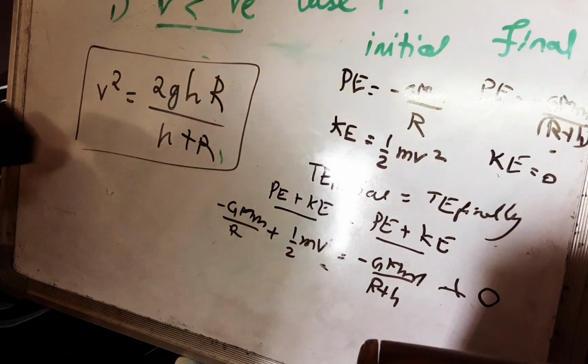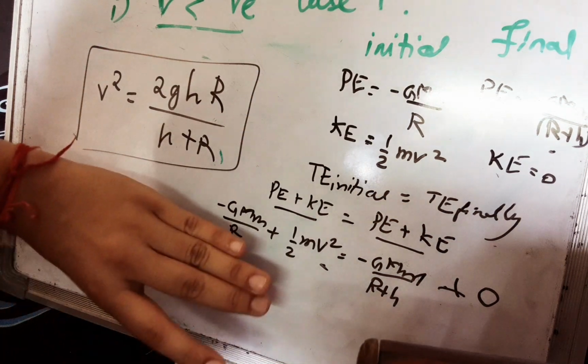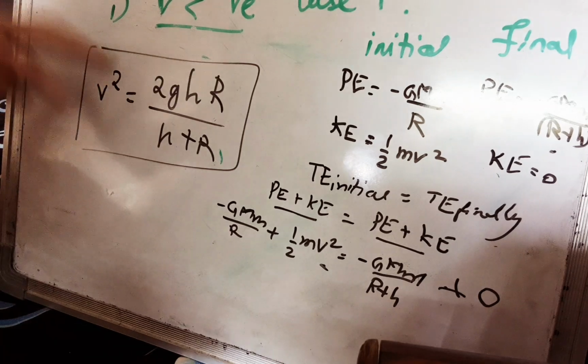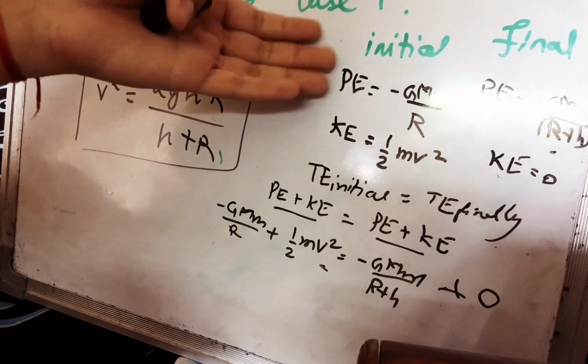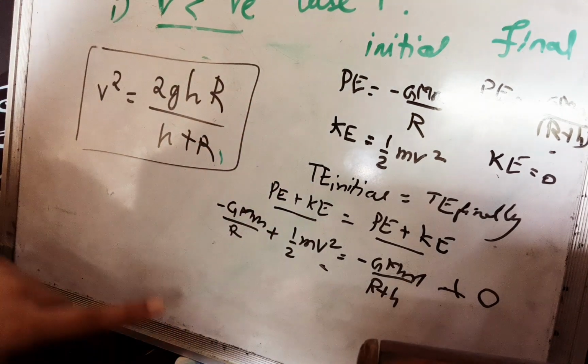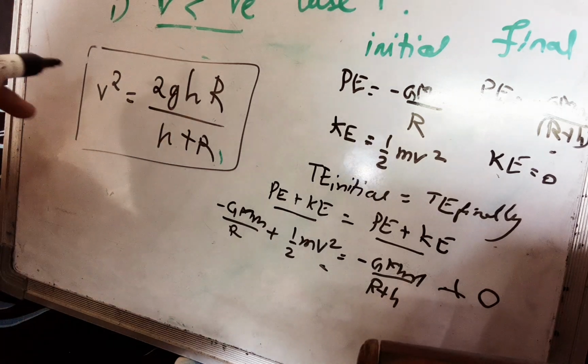You can also solve and see, but why did I tell you the method? Because suppose by mistake in the exam you forget the formula, and this formula is not that important. Only one more application we will discuss where the formula is important. In very rare cases they will not ask numericals directly.